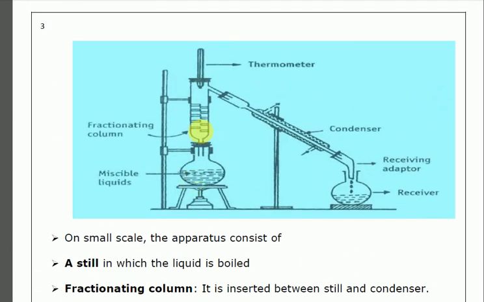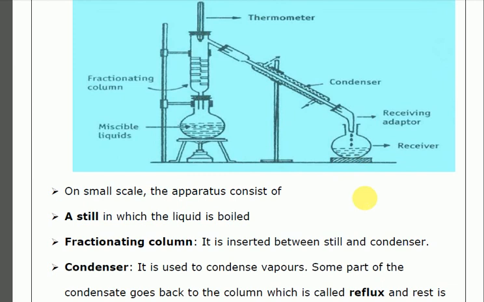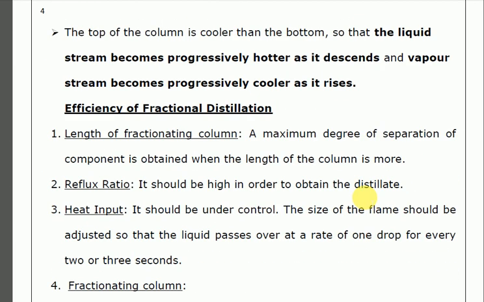Some of the vapor will get condensed and come back, but some will travel on the top. The one which travels successfully on the top will pass through the condenser and be connected to the receiver. It will be easily collected, and this is how the separation takes place.